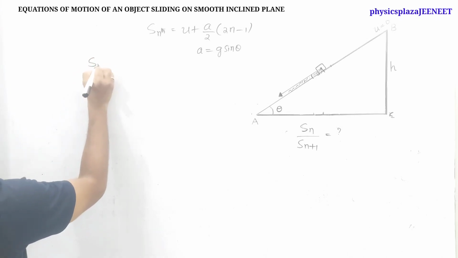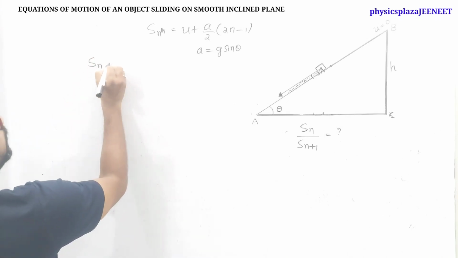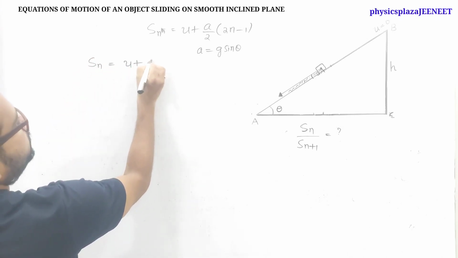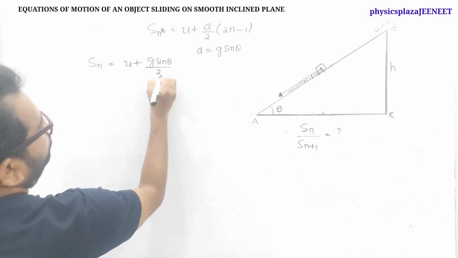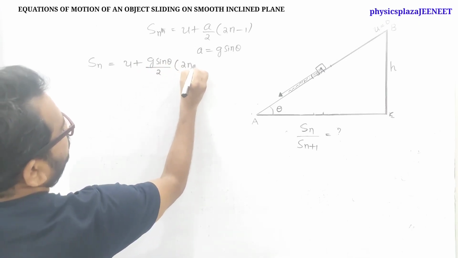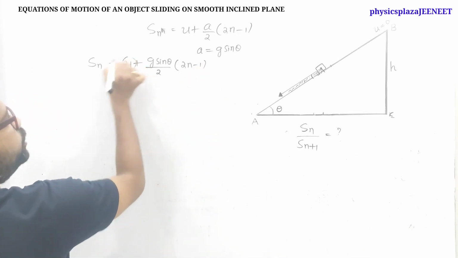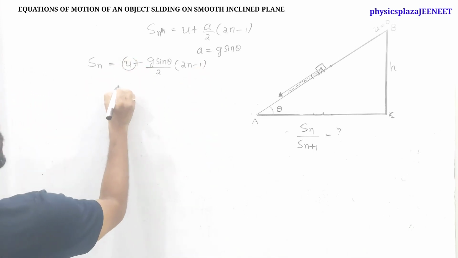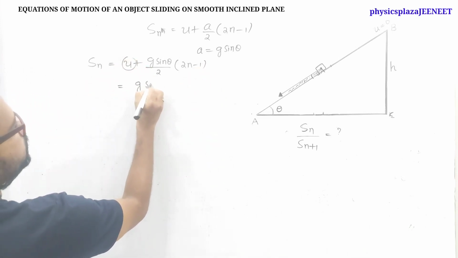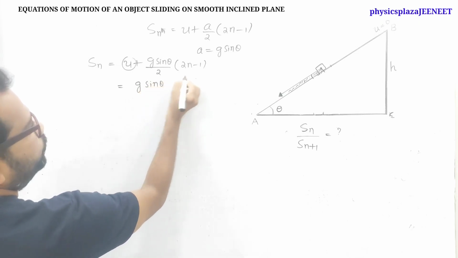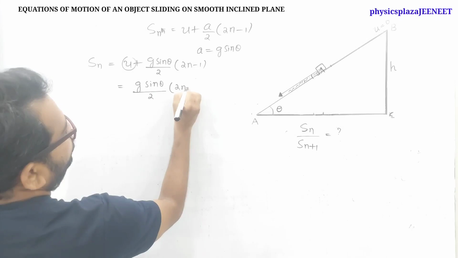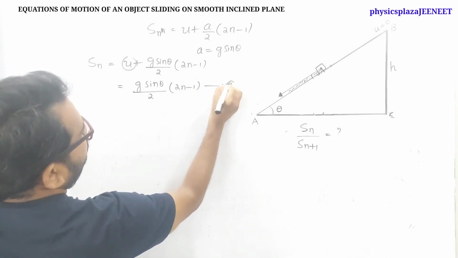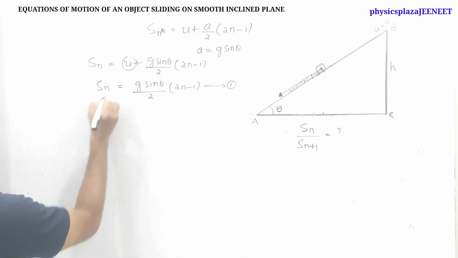So Sn is equal to u plus g sine theta by 2 into 2n minus 1. Anyhow, as the u value is 0, this is g sine theta by 2 into 2n minus 1, equation 1.